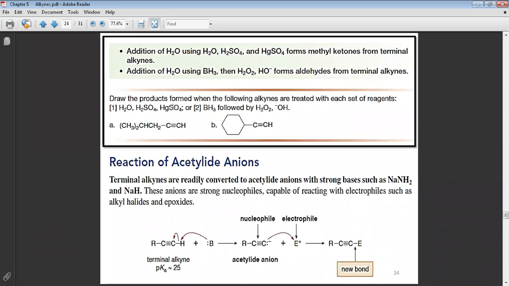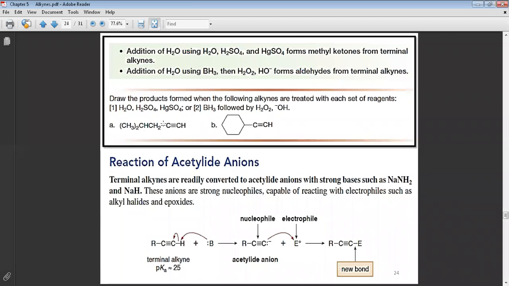Draw the products formed. What products will be formed when the following alkynes are treated with each set of reagents? If you have this alkyne, one reaction will react with this, and another reaction will react with this.